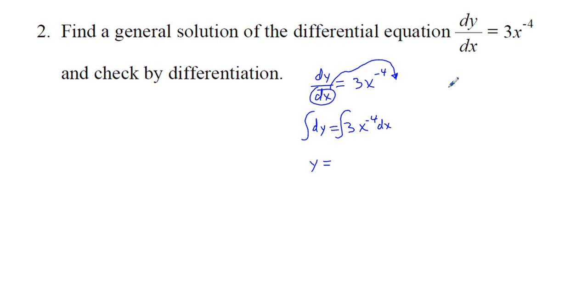That's like if f of x equals 3x to the negative fourth, then big F prime of x is equal to 3x to the negative fourth power.